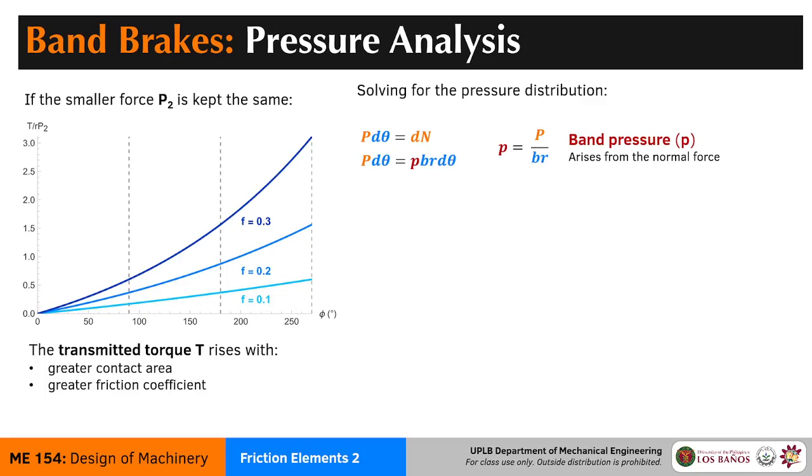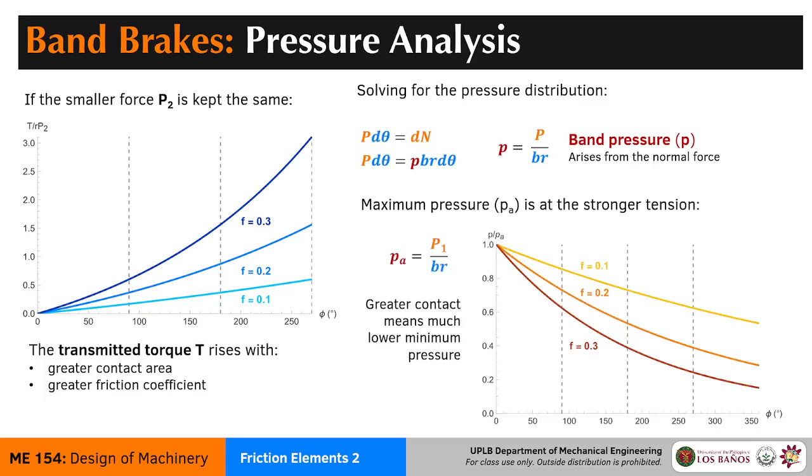Now, there is something interesting about the band pressure. If we graph our band pressure, or rather the pressure over the maximum pressure in the band, and then we measure that normalized pressure across an increasing contact area, you'll notice that the highest pressure, the actuating pressure P sub A, is not affected regardless of how big the contact area is.